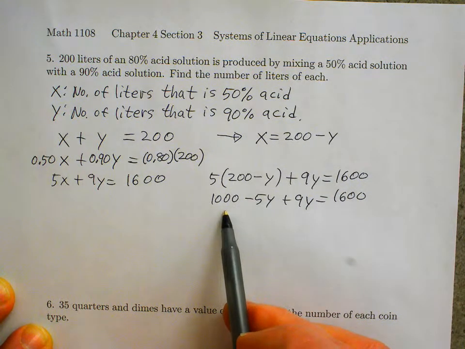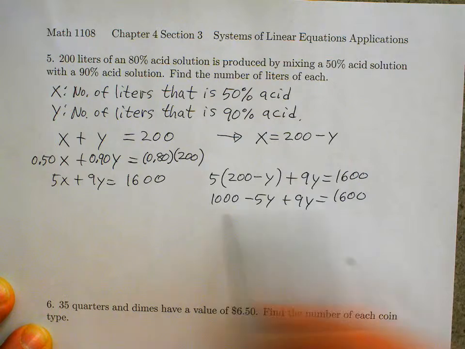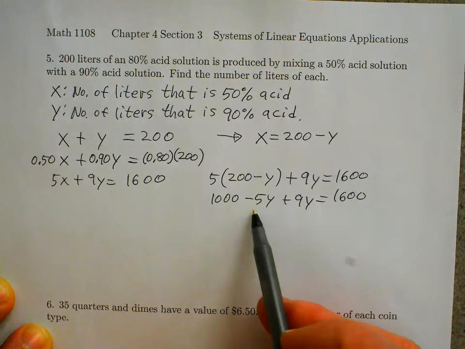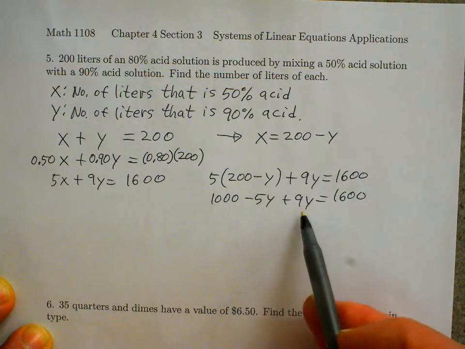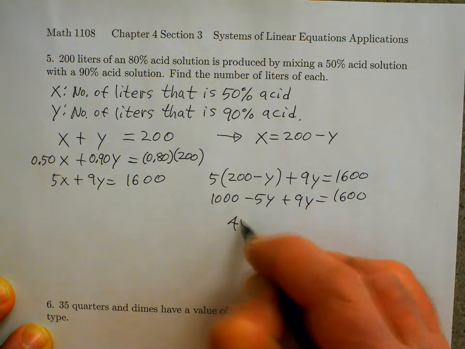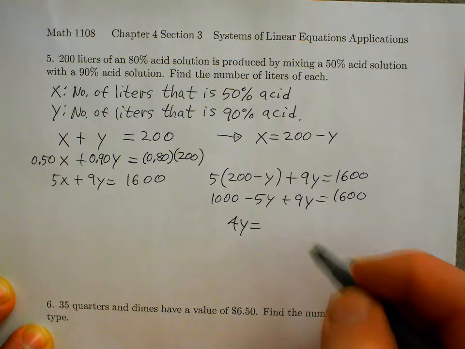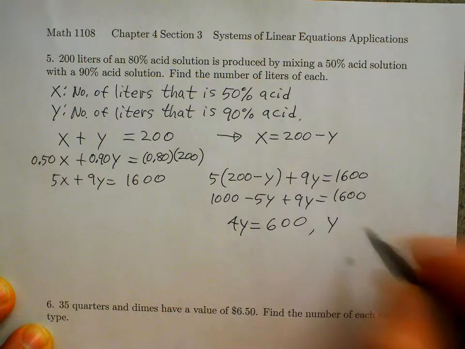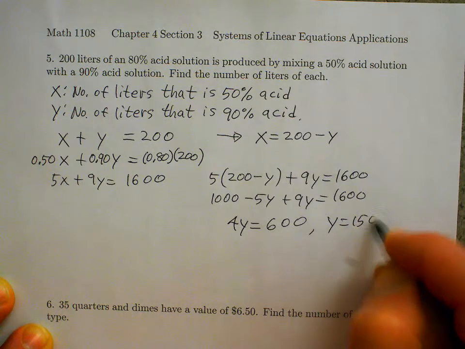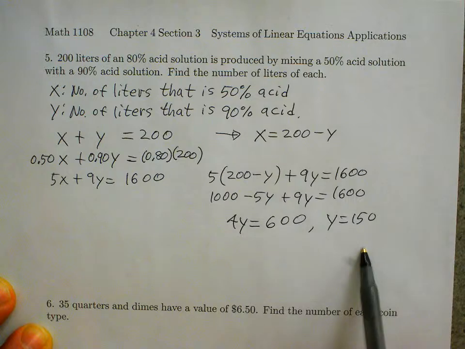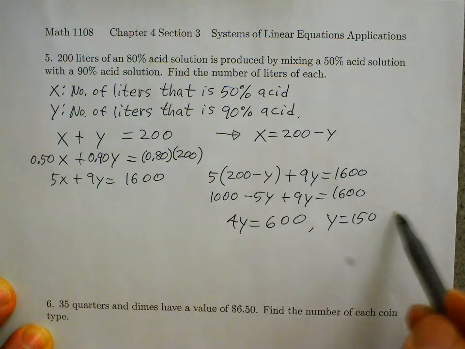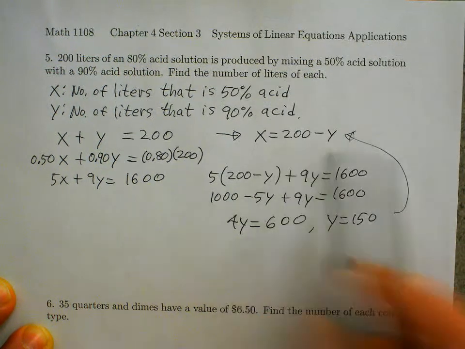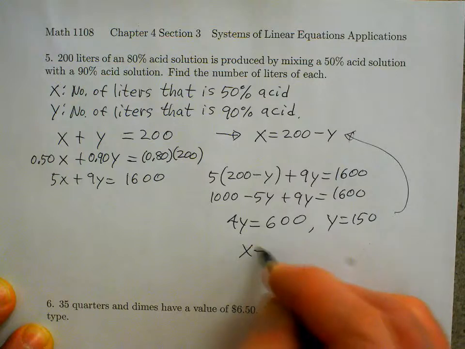We'll subtract 1,000 from both sides and also add negative 5y to 9y. So we get 4y equals 600. Divide both sides by 4, and we get y equals 150. And if y equals 150, then x is 200 minus 150, or 50.